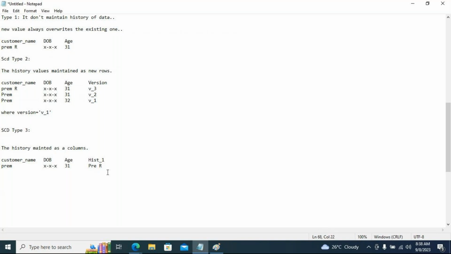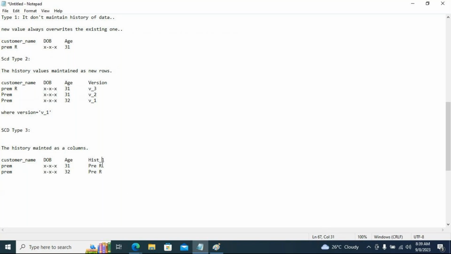Later, again, there is a requirement to change the age of the customer. Yes, you can change it. The details will be the same. Here the age is 32.